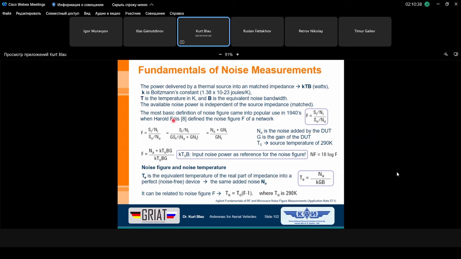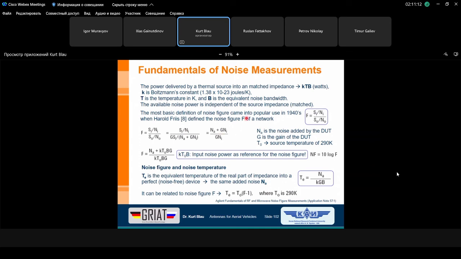And the available noise power is independent of the source impedance if it's matched, but only under this condition. All formulas that you are seeing here are based on the available noise power being matched, meaning we have no reflections between the source and the receiver of the noise power.